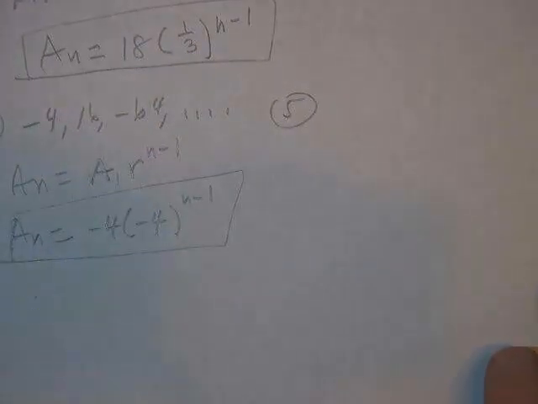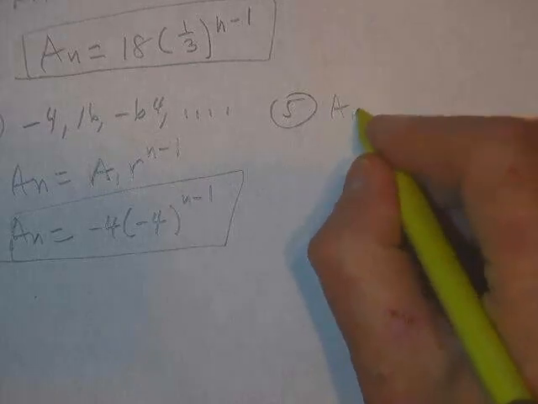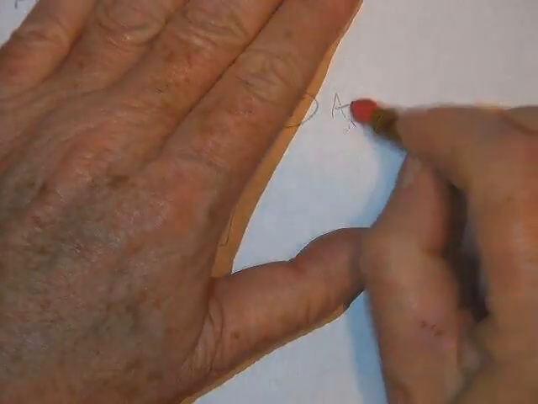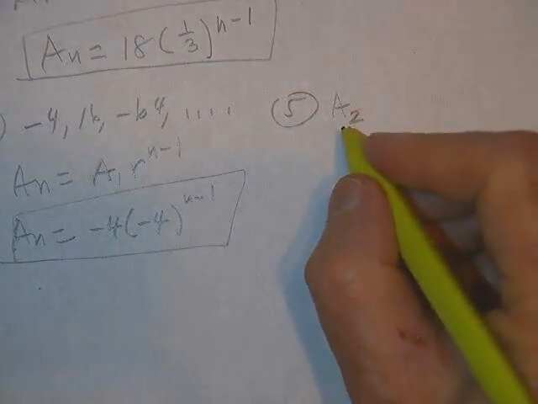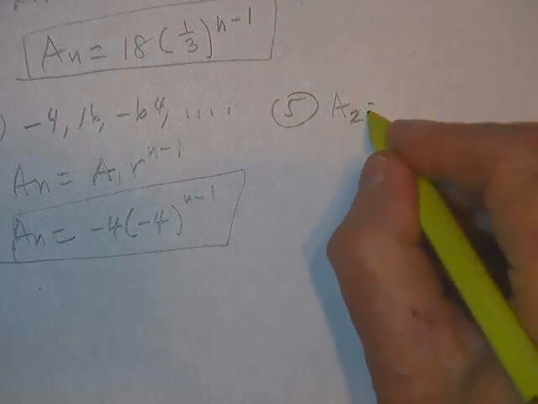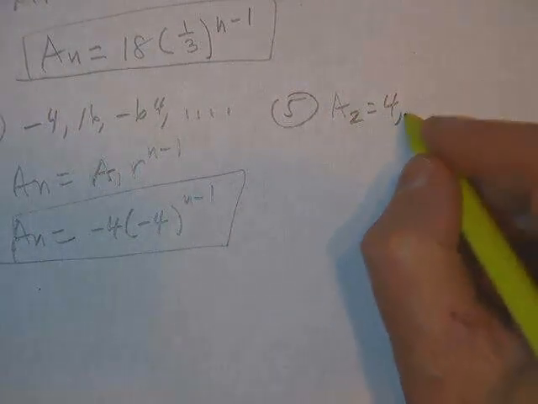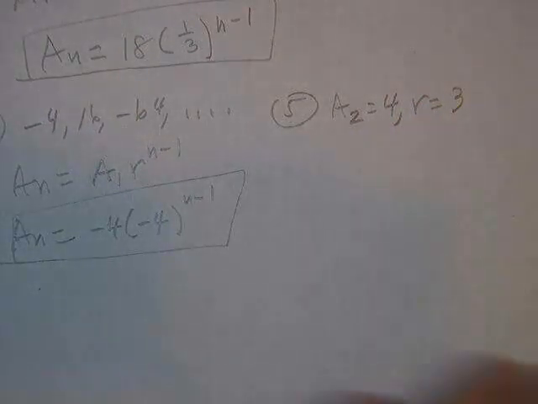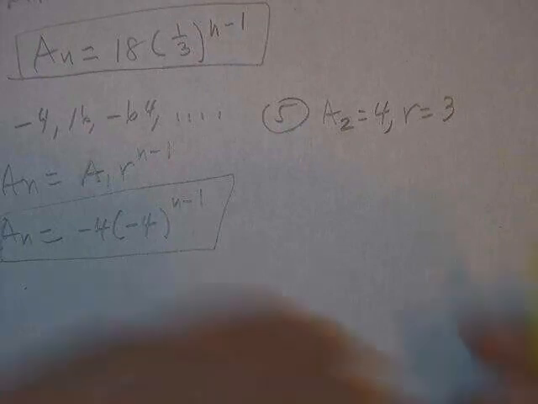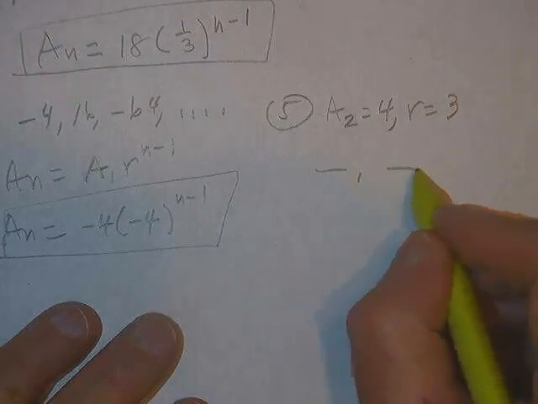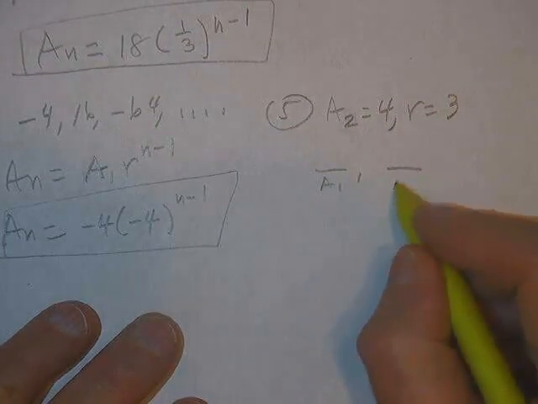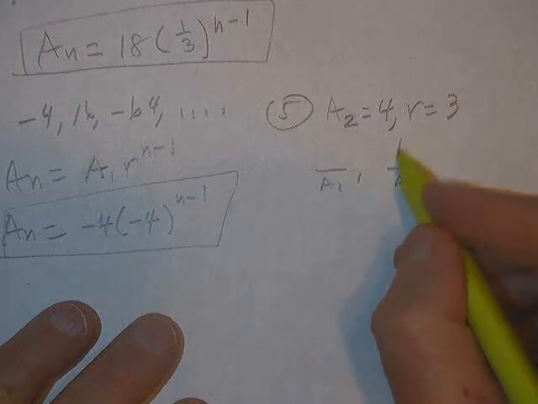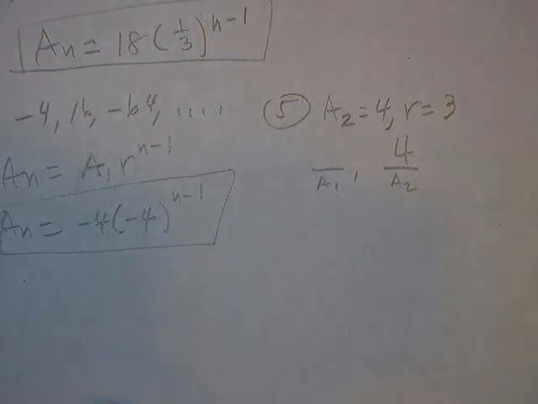Let's go to 5. Let's see what 5 looks like. Oh, they must have thought this was too easy for us. They give me a2 is 4, and they give me r is 3. I need the first term. So think about this. Here's the first term. Here's the second term. The second term happens to be 4.